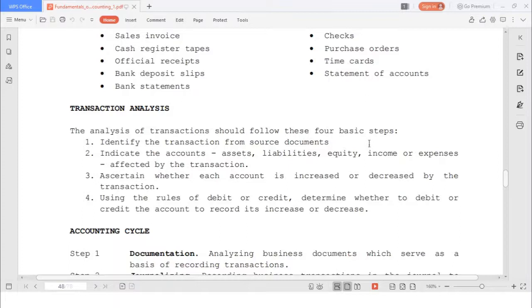Now, kung i-determine mo whether to debit or credit the account, i-relate na nimo siya adto pod sa imuhang normal balances.